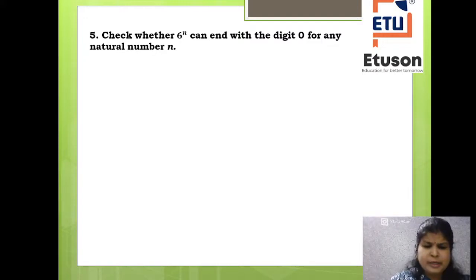ओके, ऑलरेडी इस टाइप का हमने किया हुआ है, ठीक है.